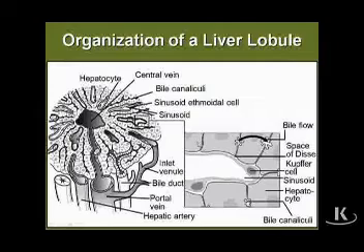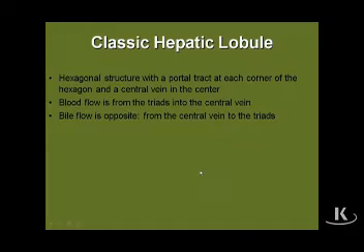What we're showing in the direction of the black arrow is that bile is flowing from left to right in this diagram, so that means that blood has to flow through the sinusoid from the right side of it over to the left, because in the liver lobule, blood flow is in the direction opposite to that of bile flow. Now, that's the classic hepatic lobule or liver lobule, which has a hexagonal structure, a portal tract or triad at each corner of the hexagon, and blood is flowing toward the central vein in the middle of that hexagon.